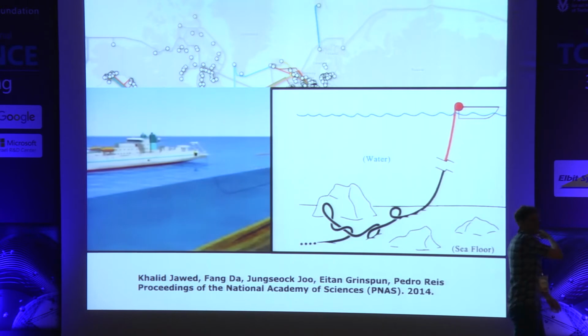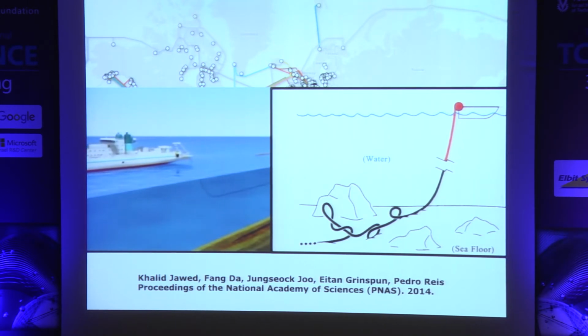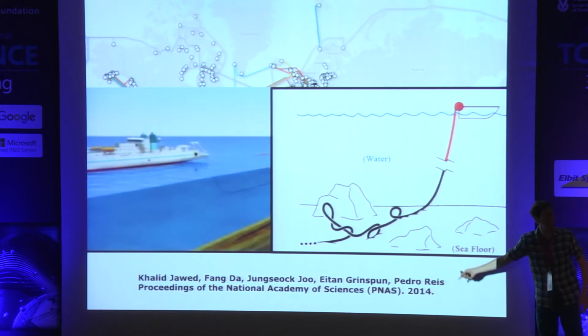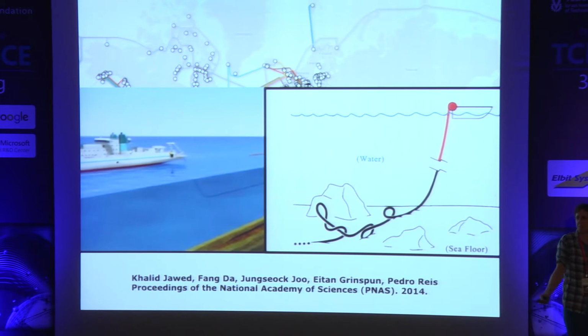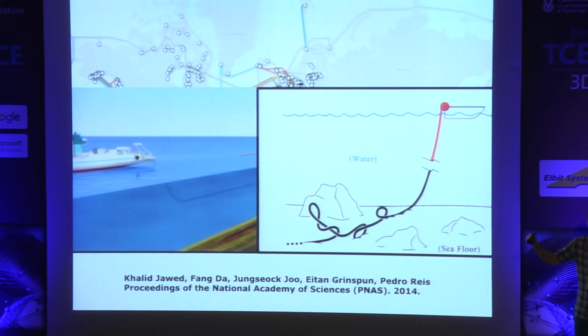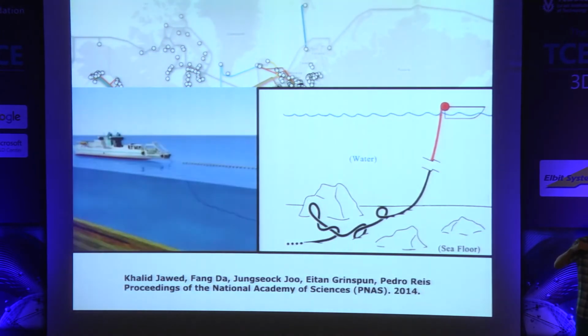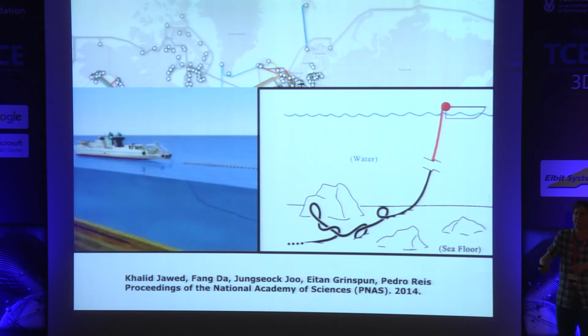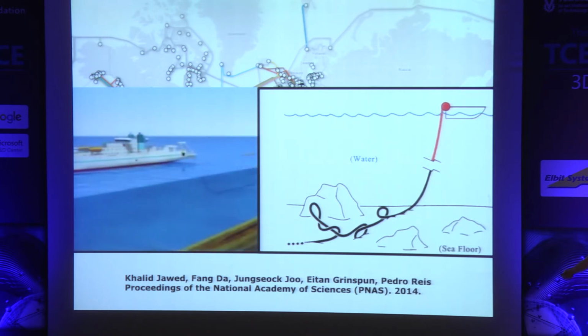If the ship moves too fast and deposits the cable too slow, the cable can snap. If the ship moves too slowly, the cable can tangle up, and that causes other problems and is also wasteful. So the question is, at what speed should the ship go to deposit a slight sinusoidal pattern that has enough give, enough slack in case the plates shift, for example. This is one of the problems that we studied in this paper.